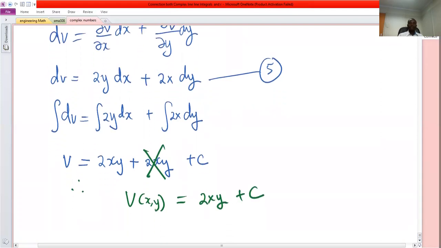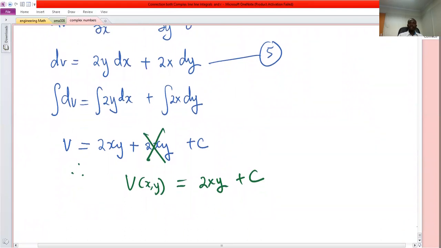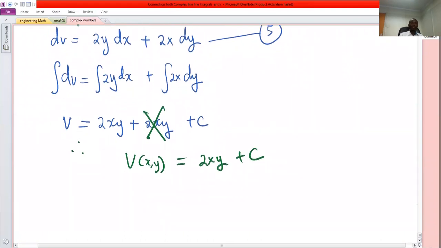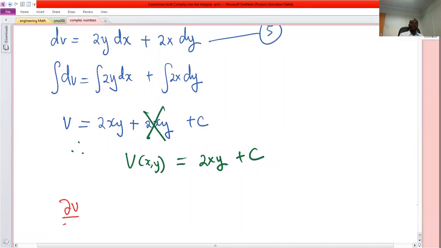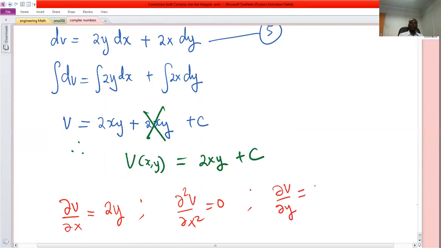And you can actually confirm that this is a harmonic function by simply getting the partial derivatives. If you try partial v partial x, you get 2y, partial squared v partial x squared, you get 0. Partial v partial y, you get 2x.